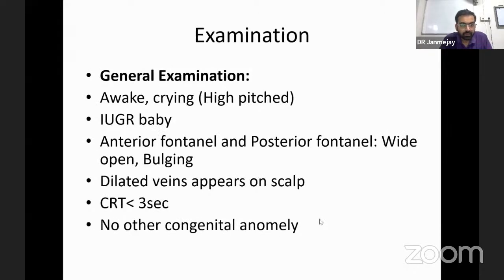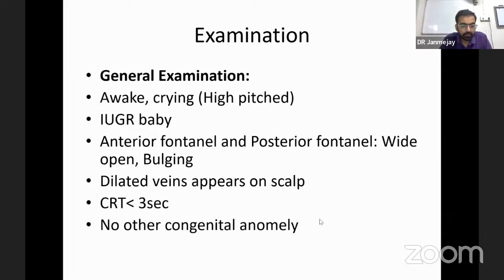On general examination, child is awake, crying, which was high pitched. This is an IUGR baby, and the anterior and posterior fontanelles are wide open, bulging, with dilated veins on the scalp.